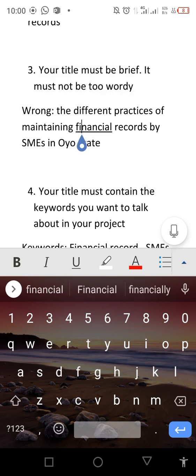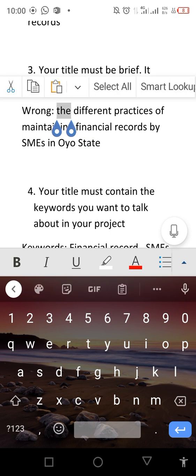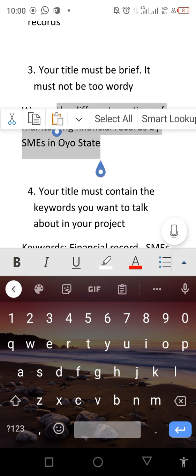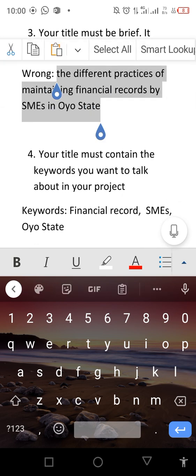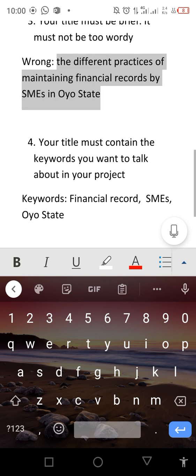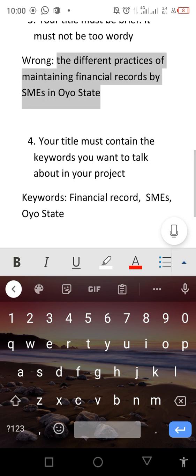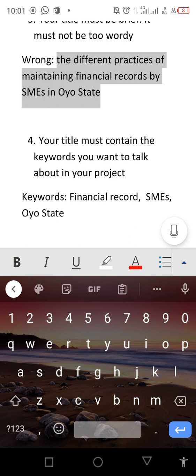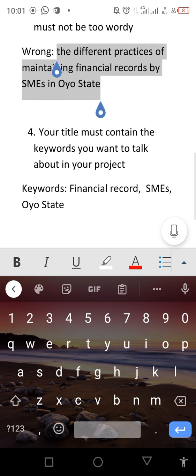So the wrong way to structure your research title such that it is not concise, still making use of our first example, is to write it this way: the different practices of maintaining financial records by SMEs in Oyo State. It is too wordy. Number one, what's wrong with this title?